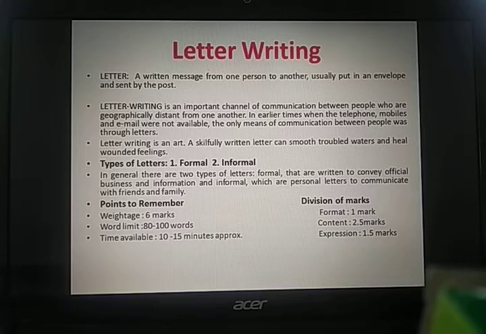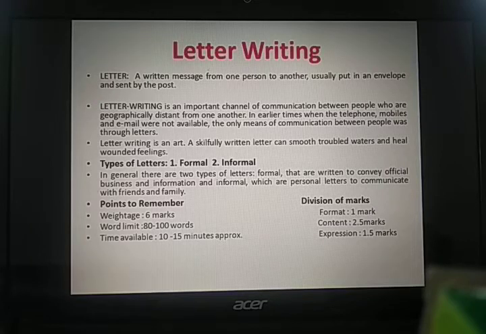Okay, so now let's discuss types of letters. You have already discussed this in the previous class. Types of letters are two. One is formal and the other is informal. In general, there are two types of letters: formal, that are written to convey official business and information. Okay, the letters which are written to convey some official and business information to someone.